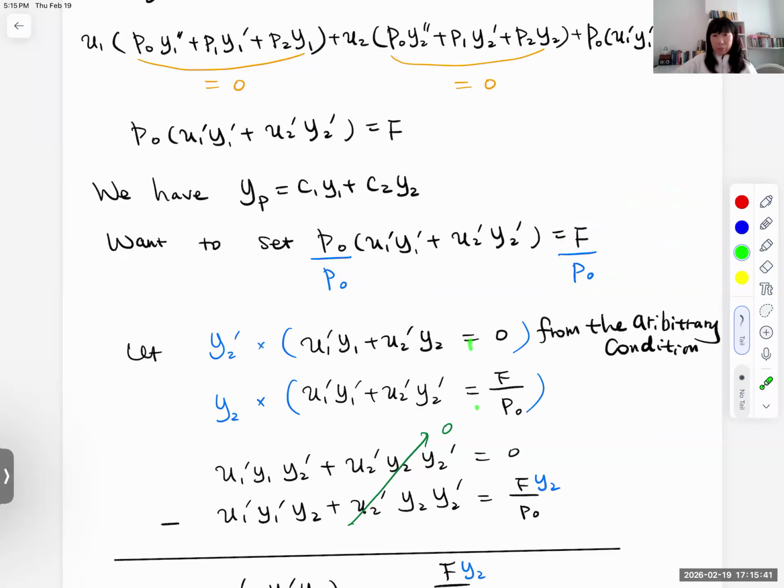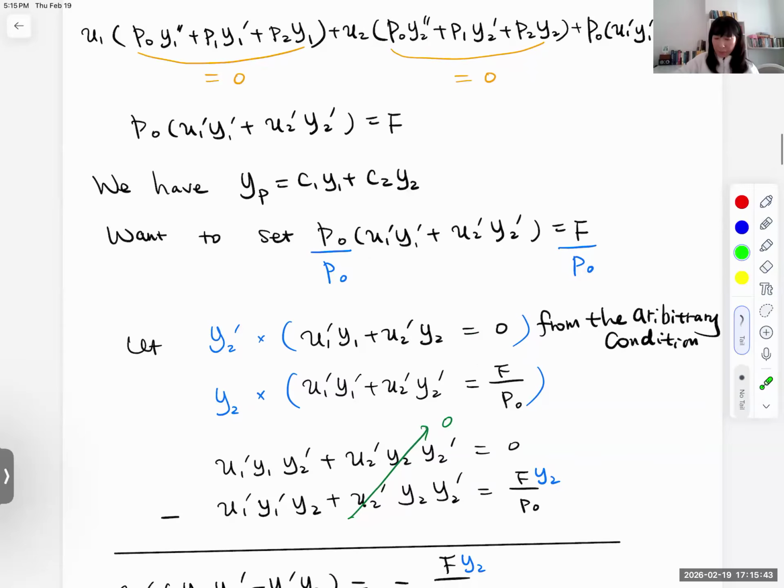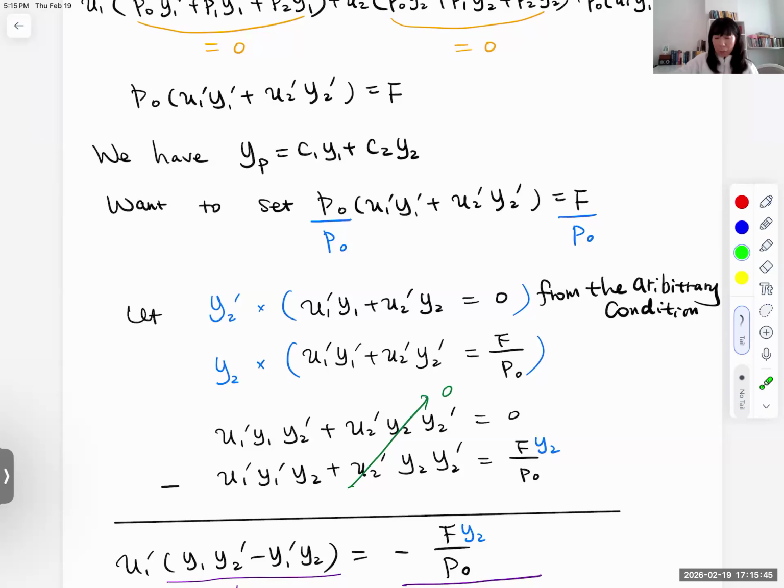Yeah? So arrange that. We multiply by y sub 2 prime on top, and we multiply by y sub 2 for the second equation, all right?